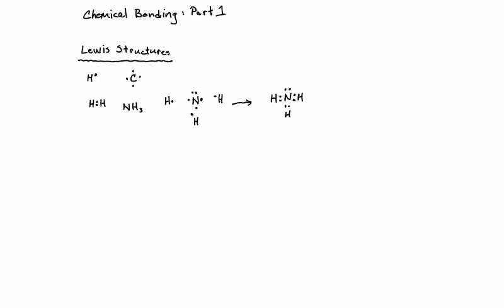What's the significance of this? Well, I think it's more significant to recognize what the molecule is not. The molecule is not a hydrogen atom stuck to a hydrogen atom, stuck to a nitrogen, stuck to a hydrogen. It's not 3 hydrogens stuck together. Neither one of these is correct.